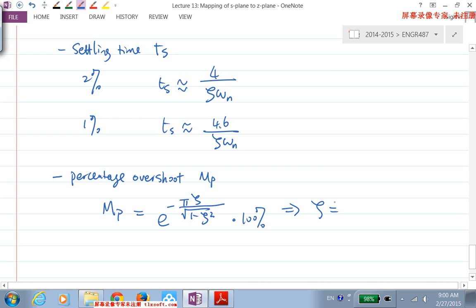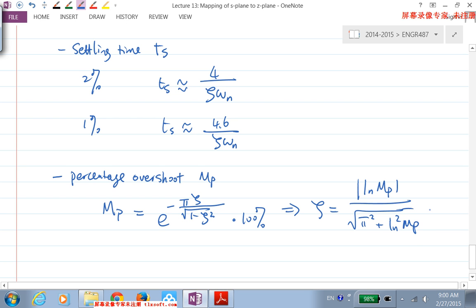But typically the user defines a percentage overshoot, so you calculate the damping ratio zeta. That can be calculated in reverse: zeta equals negative ln MP over root of pi squared plus ln squared MP.